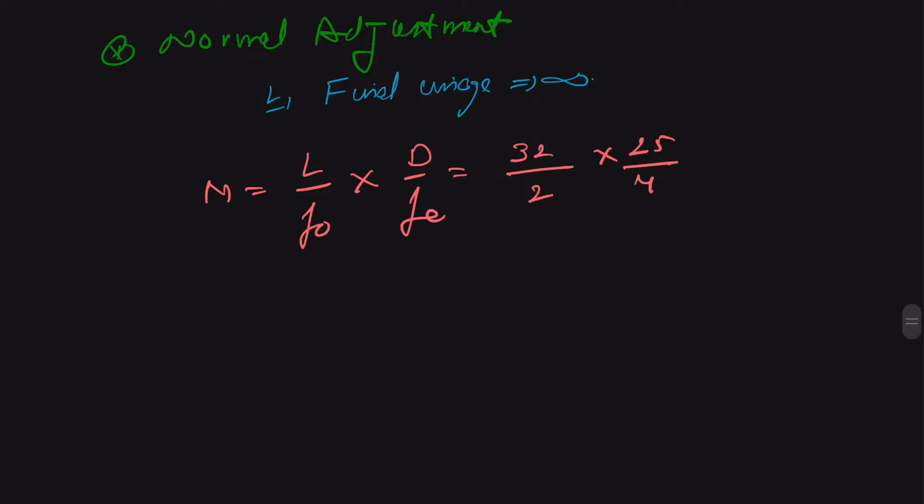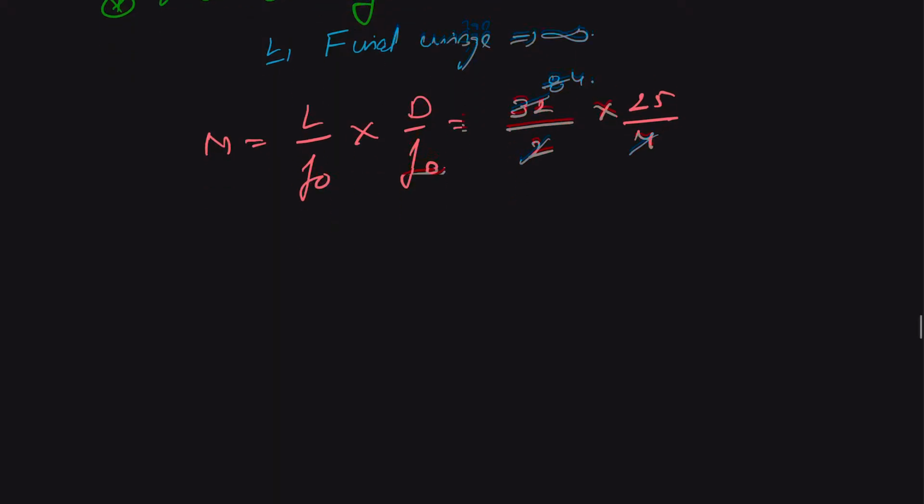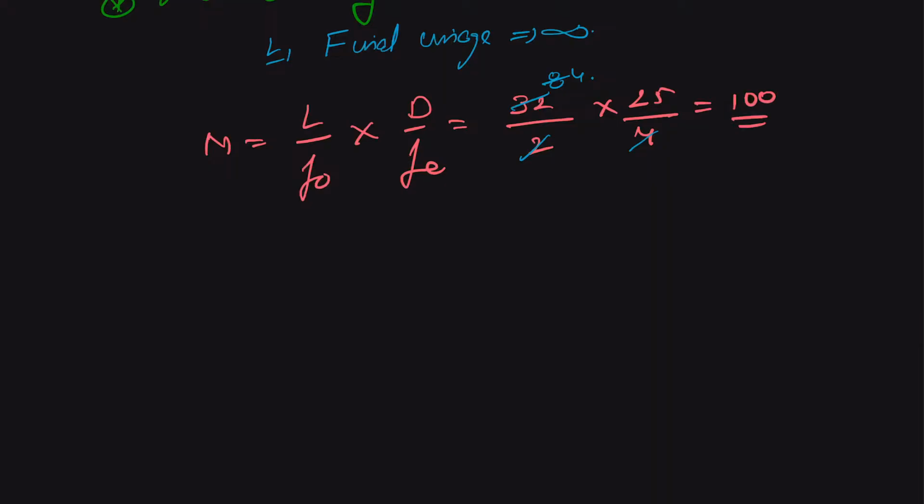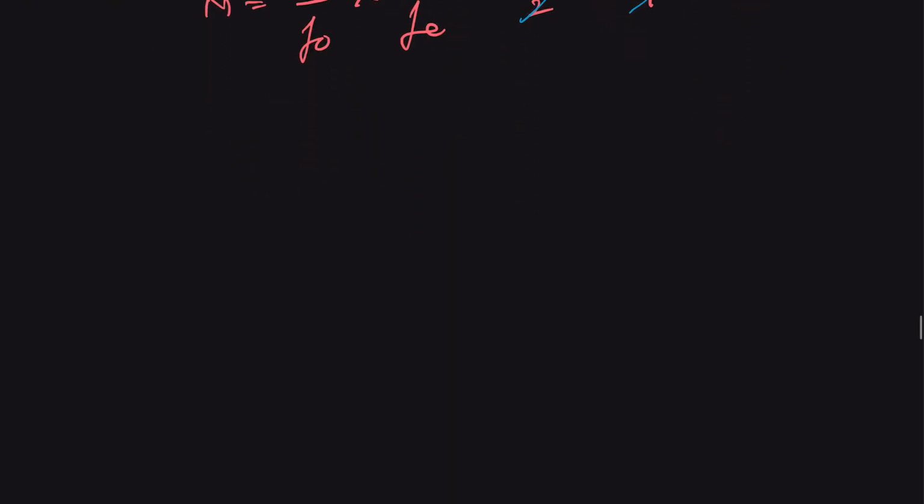Therefore we can just cancel out, this goes by 8, this goes by 4. The magnification will be coming as 100. We can individually also find out M1 and M2, then solve it out. So up till here was our session 1, and then we come to our session 2 now.